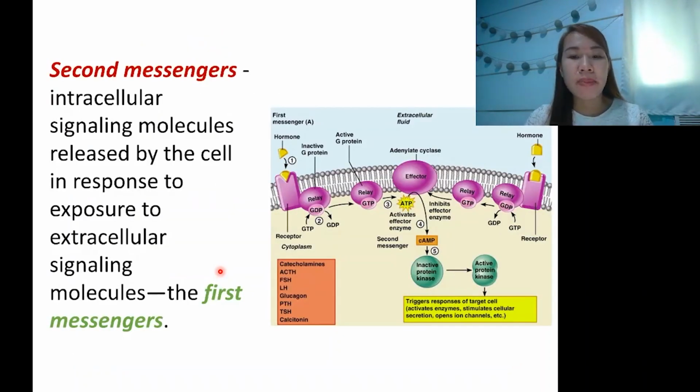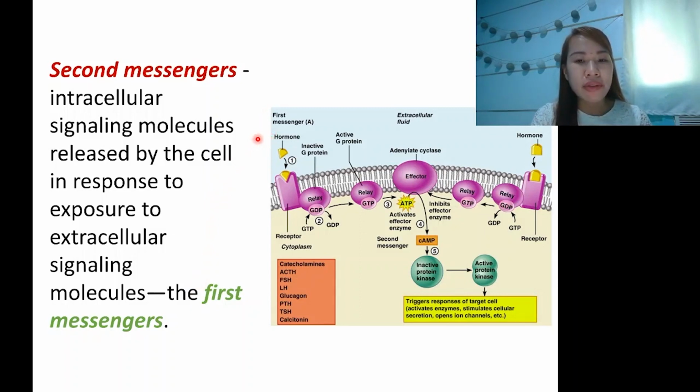These are another type of regulating metabolism. So when we talk about the second messengers class, these are intracellular signaling molecules. So within the cell, they are released by the cell in response to exposure to an extracellular signaling molecule called the first messenger. So kaya siya tinawag na second messenger because there is a first messenger. In this picture, we see here a hormone, which is the first messenger.